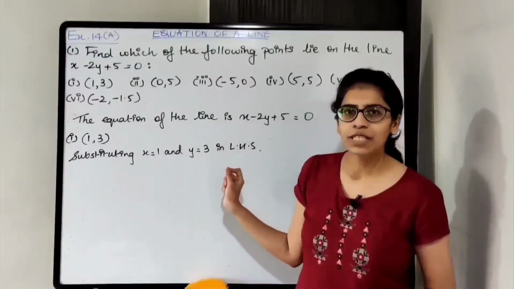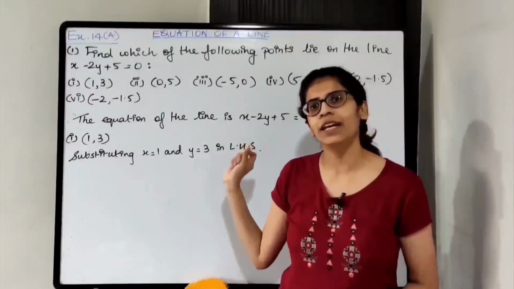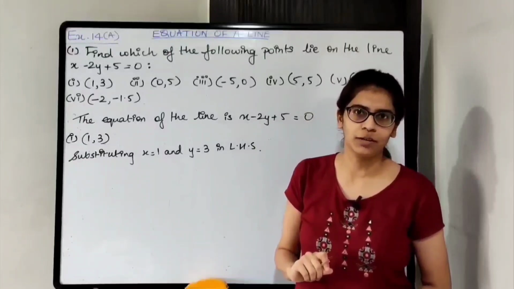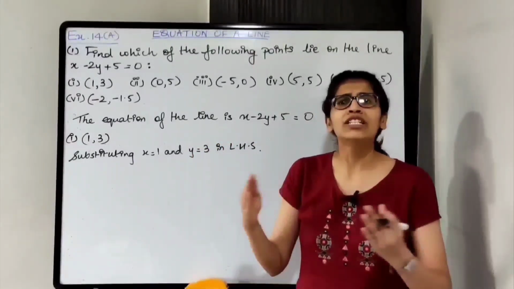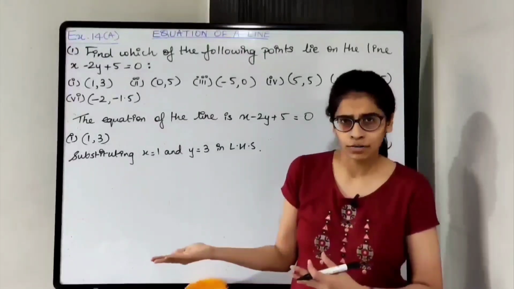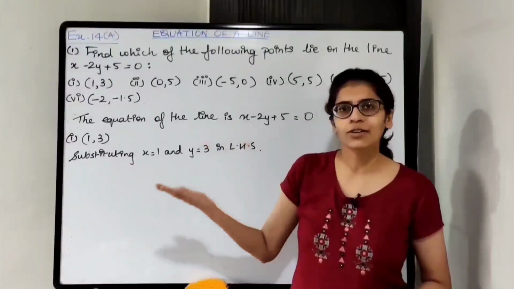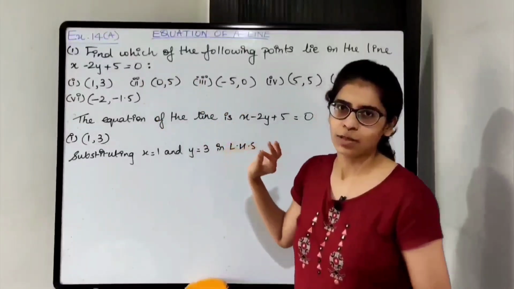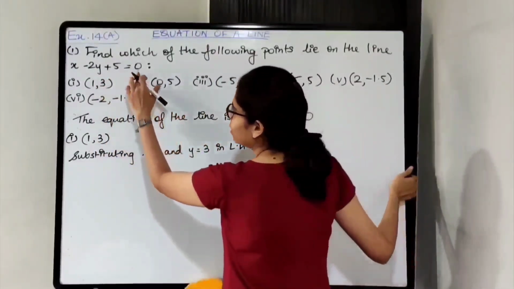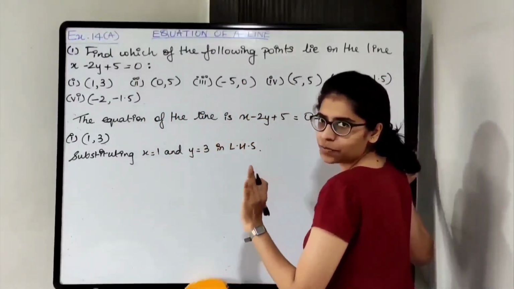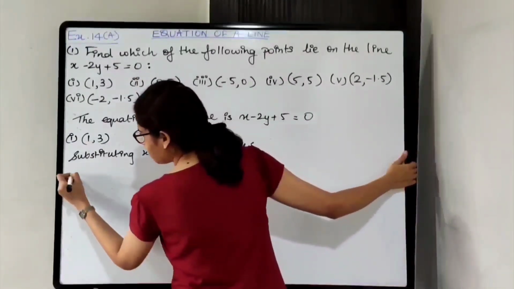So don't make this mistake. When you have to find out, we will substitute in LHS only. You will not substitute in the entire equation because it might not be satisfying the equation. So you have to find out. So always substitute in LHS. And if you are getting LHS equal to 0, then it is equal to RHS. RHS is 0. So let's see if you are getting that.